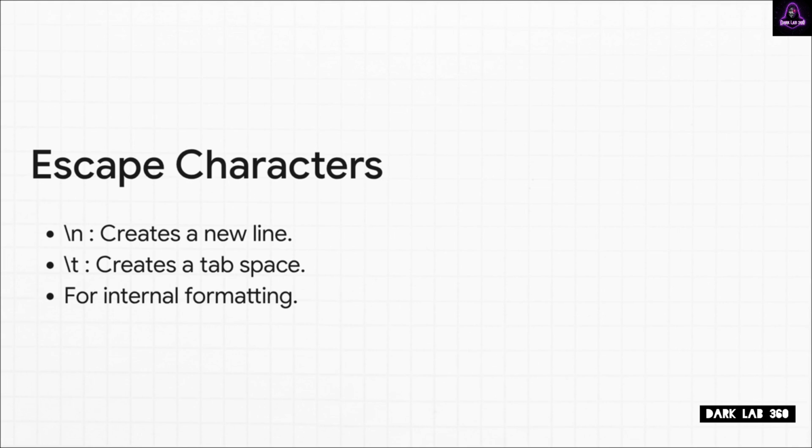Similarly, \t creates a nice, clean tab space. They're basically invisible formatting tools built right into your code's vocabulary. And as you get more comfortable here, you're going to unlock built-in string functions that let you instantly slice text apart, capitalize words, replace characters, or even hunt down specific pieces using powerful commands like endswith, count, or find. It's like having text editing superpowers.